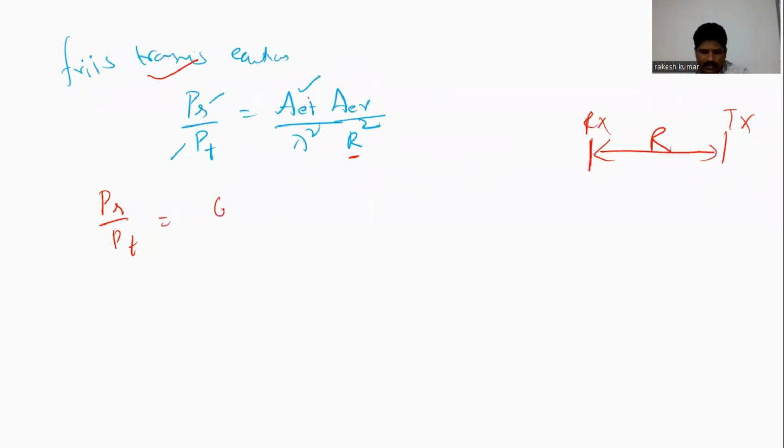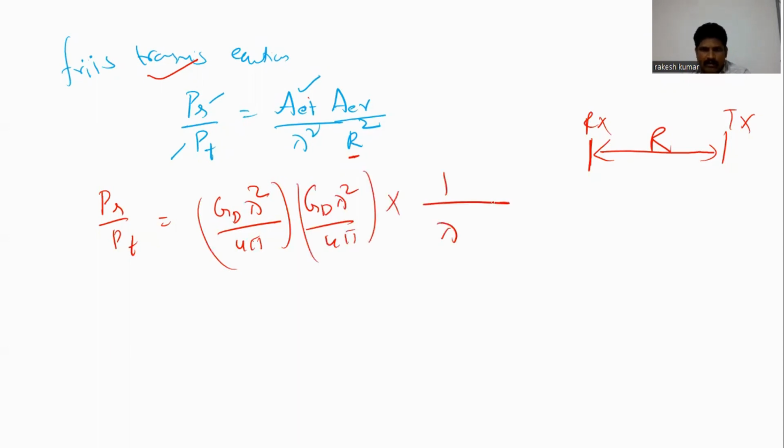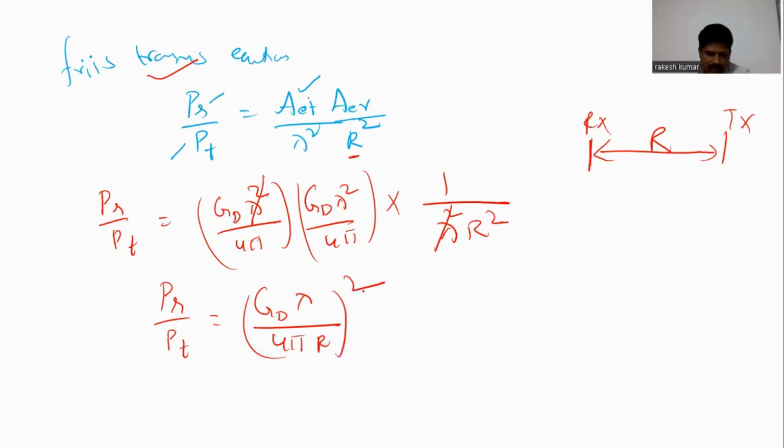Similarly for AER, it is GD lambda square by 4 pi, into lambda square into R square remaining. Lambda square will get cancelled. Therefore, PR by PT is equal to GD into lambda by 4 pi R, whole square.